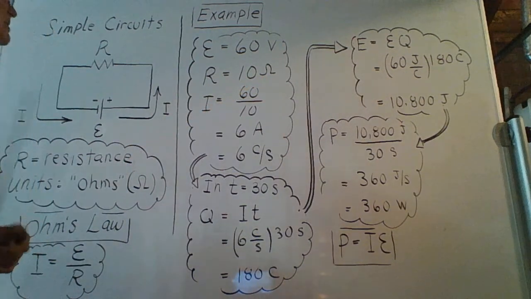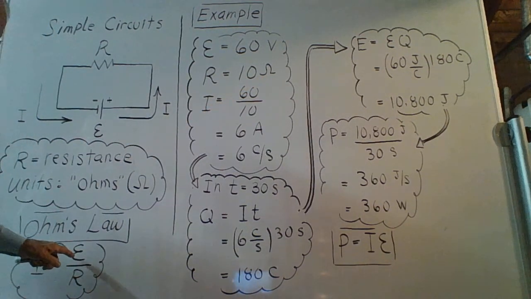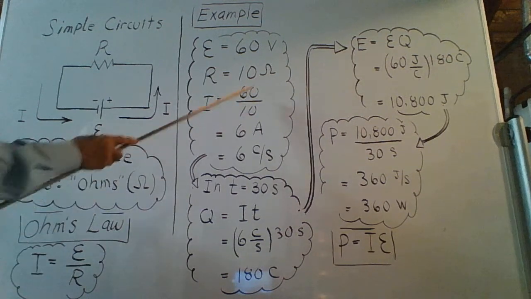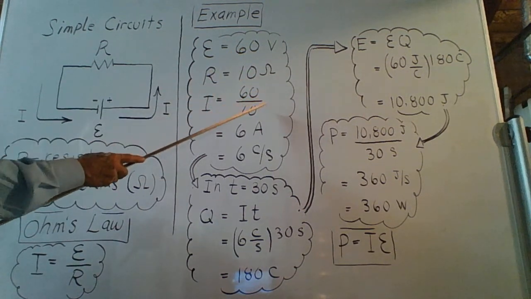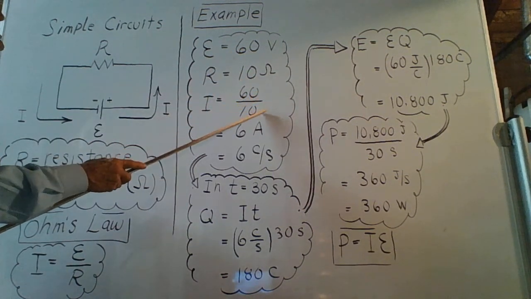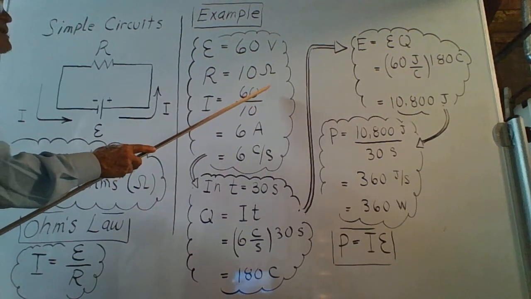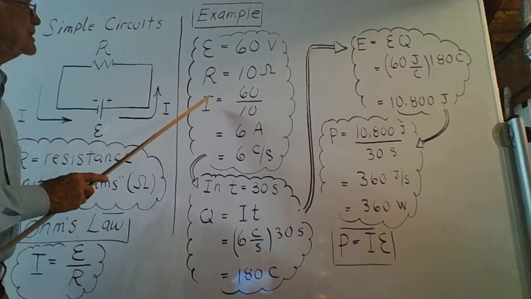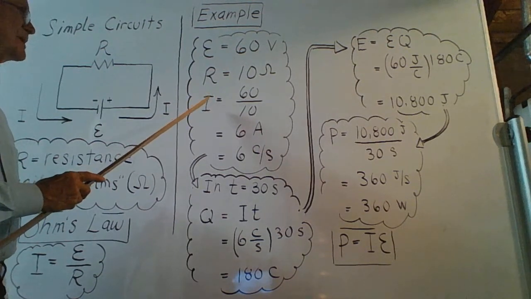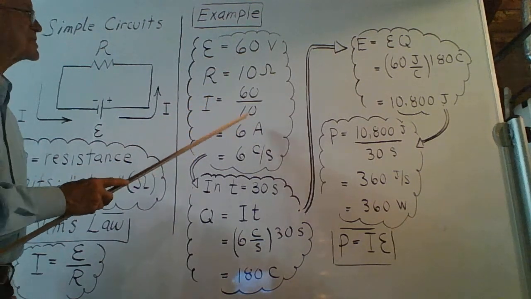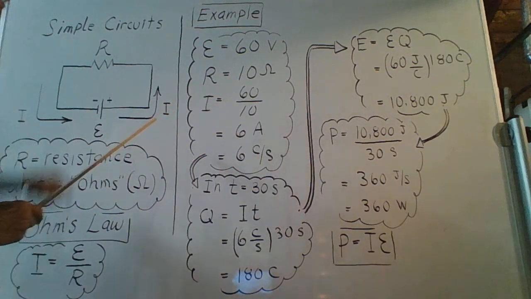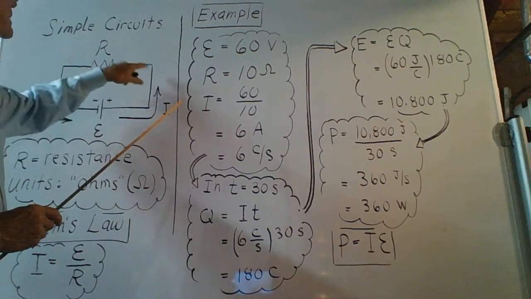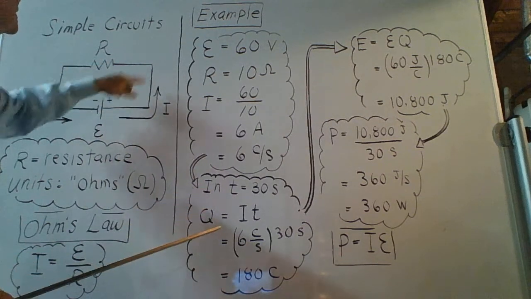The current out of the battery, according to the E over R equation, is 60 volts divided by 10 ohms. I'm dropping the units. As long as we're using standard units in this ratio, and we are, then the final result for the current will be in standard units, amperes. And so we have 6 amperes as the current out of the battery, and we speak of it as being the current in this circuit.